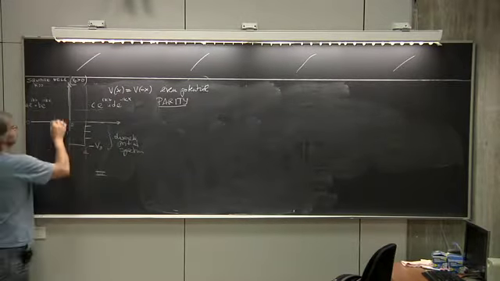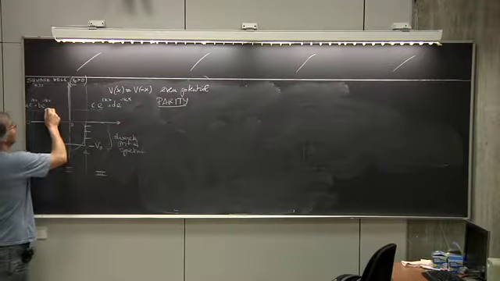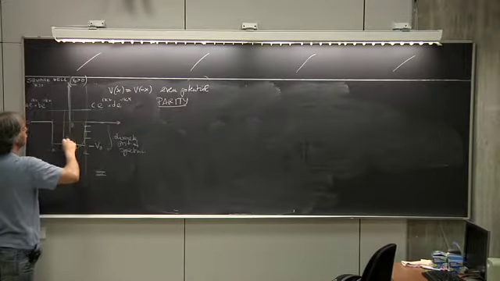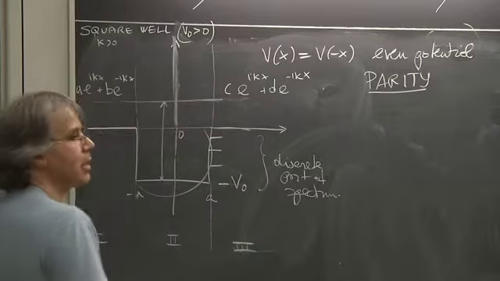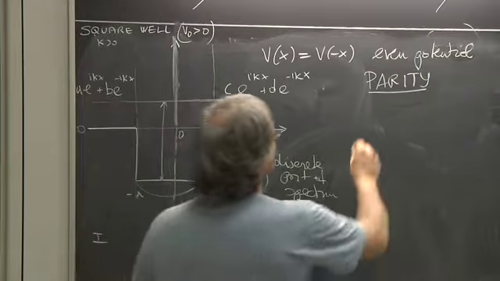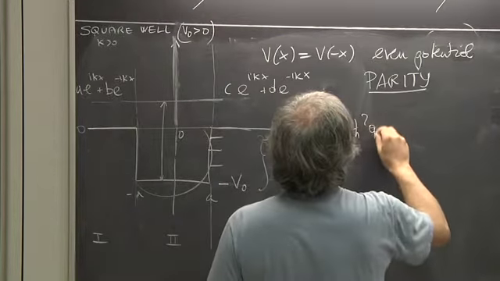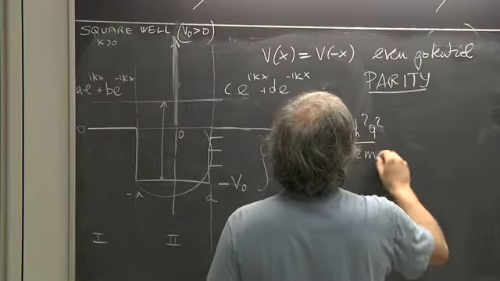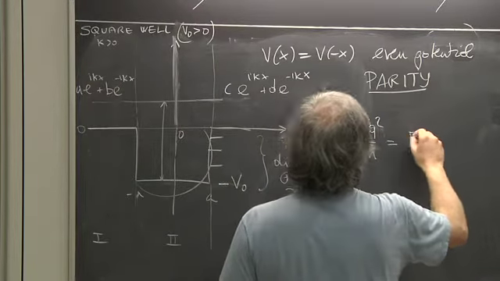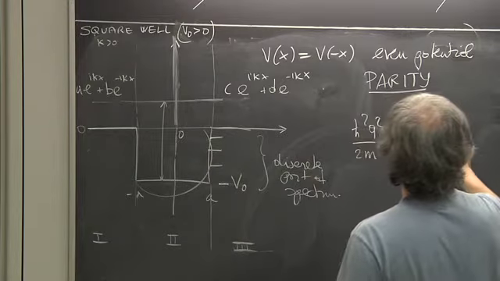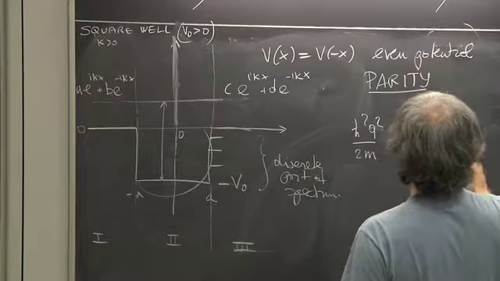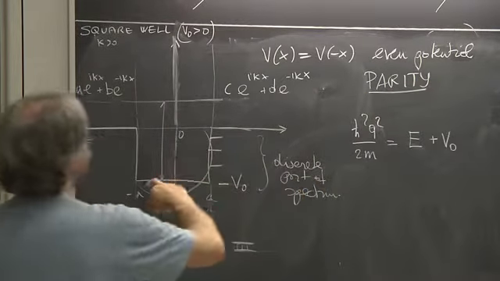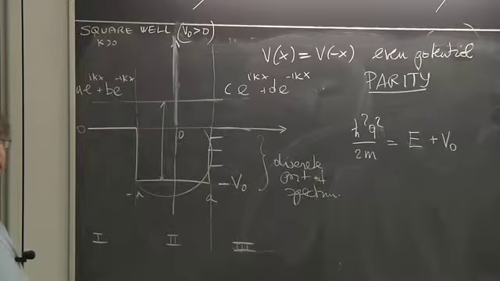What about the solutions here? Well, for every E, now there is a new wave vector, associated to the fact that h bar squared q squared over 2m is equal to E plus V0. Okay? So you see it's higher energy in some sense.